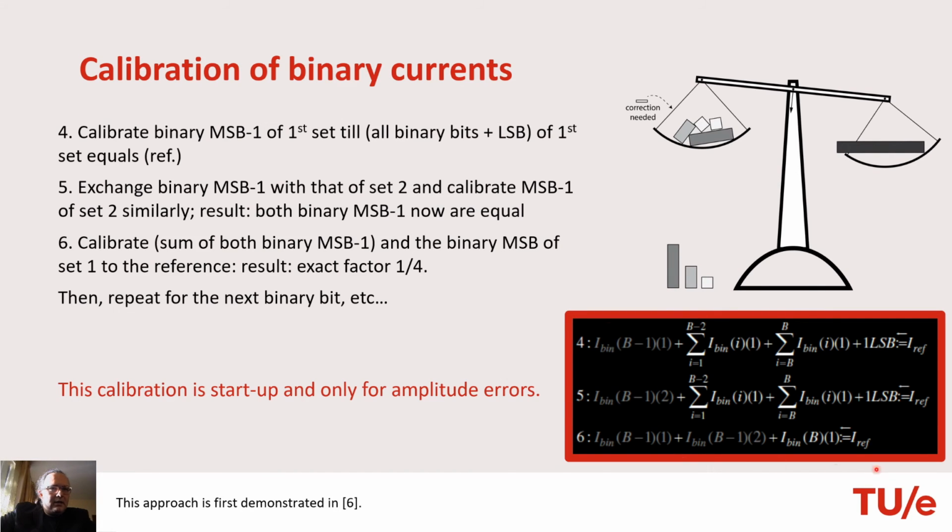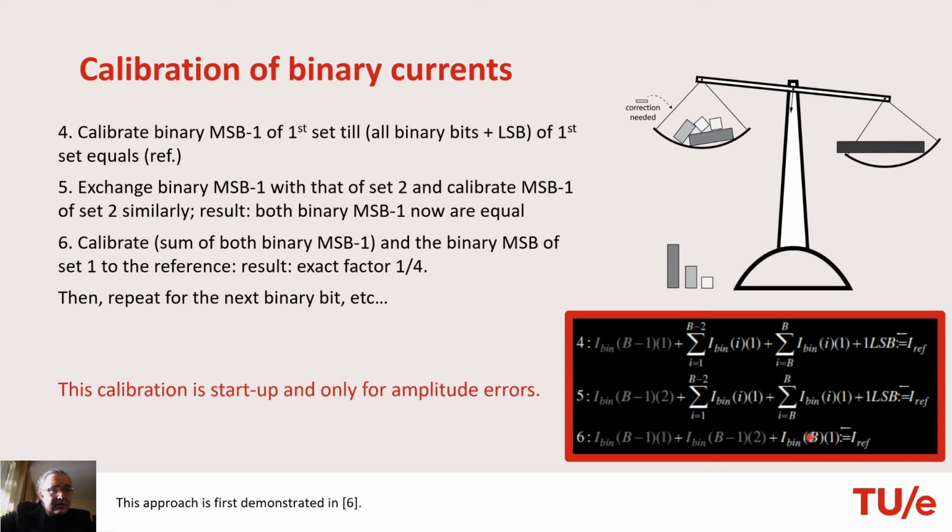Then in the last step, what we do is that we connect on one side both currents, MSB -1 of the first set and of the second set. Normally they should equal half of the reference, and then here we connect the MSB current of the first set, and here is the reference.